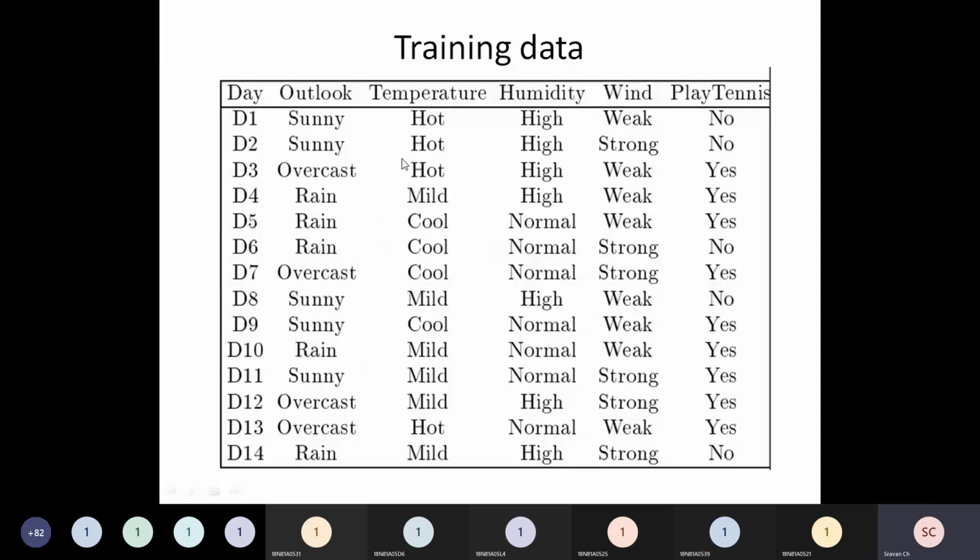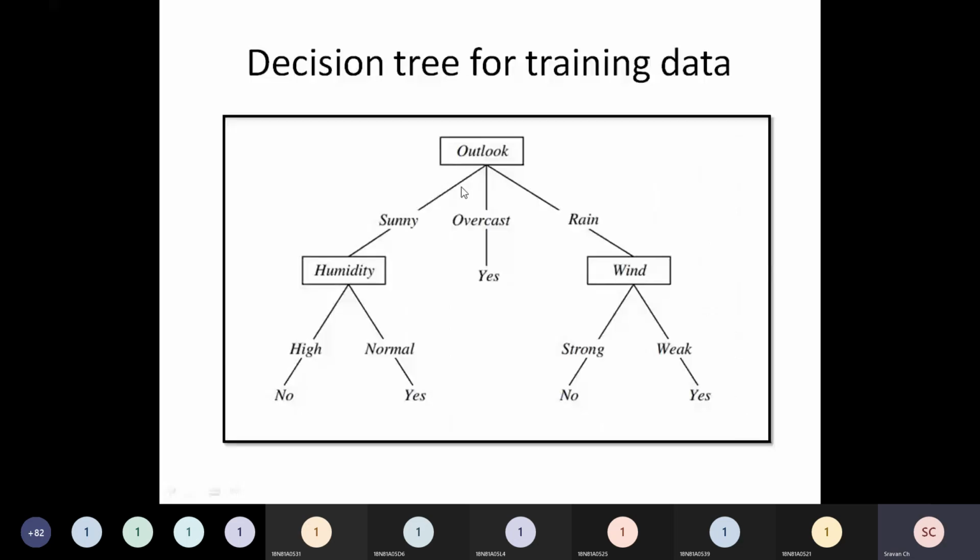Irrespective of the remaining parameters, if Outlook is overcast, the outcome is yes. So straight away I can write yes.